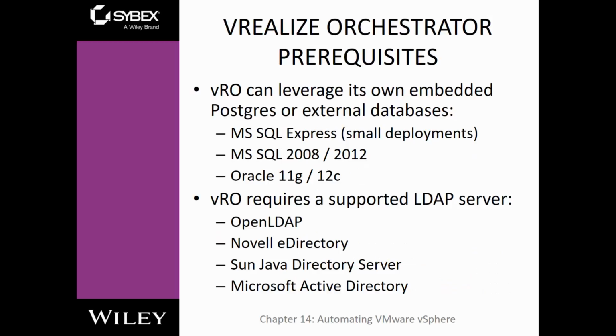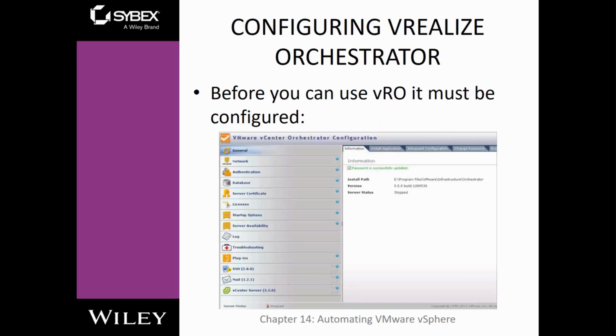You can leverage its own embedded Postgres database or other external database requirements. It just depends on how you want. vRealize does require and does support LDAP, so you can integrate it with Active Directory. Here is the configuration wizard.